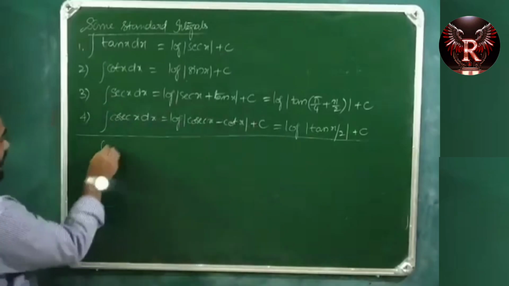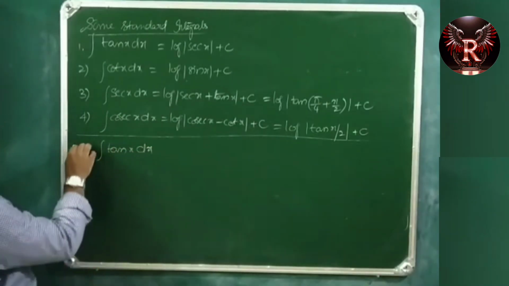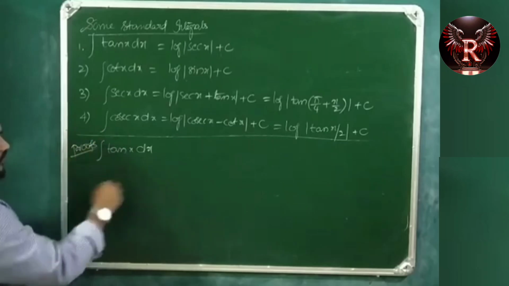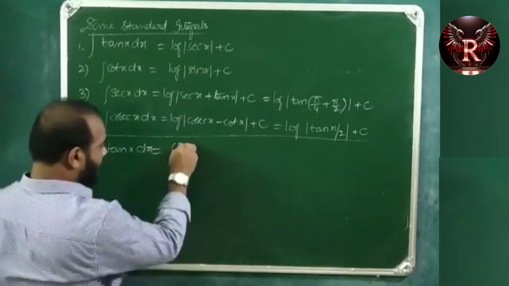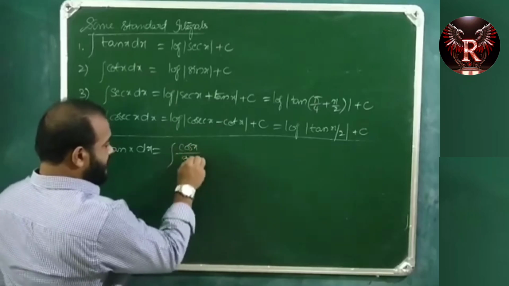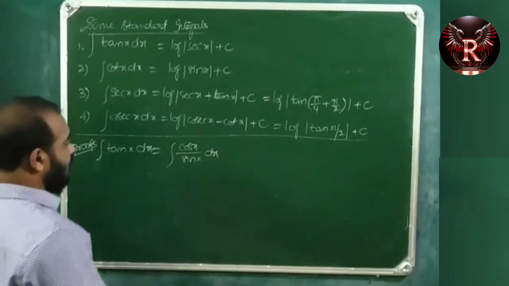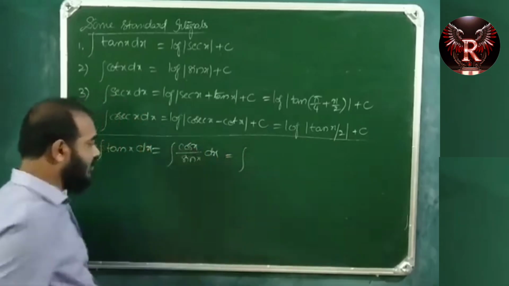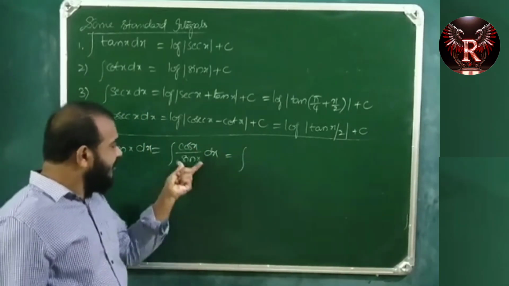So integral tan x dx is equals to, proofs. Integral tan x dx, tan x can be written as sin x by cos x dx. So this is equals to, here if you see, sin x derivative is cos x.